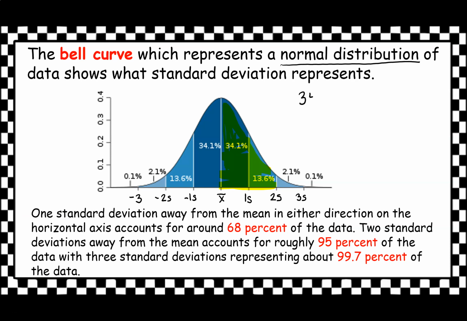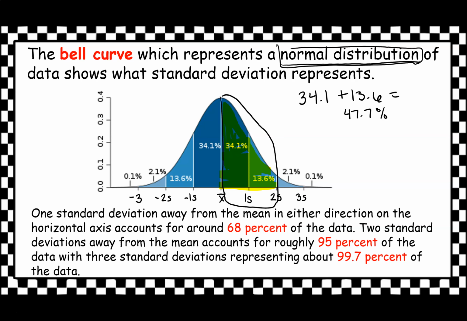If I add up 34.1 and 13.6, that gives me 47.7, and that means percent, meaning that if we have a normal distribution, which I'm saying we do, then 47.7% of the population would be within 2 standard deviations to the right of the mean.